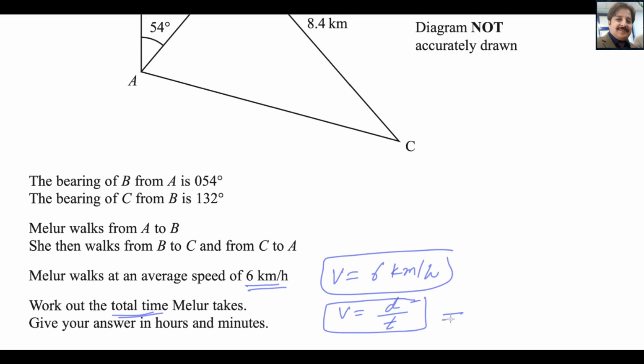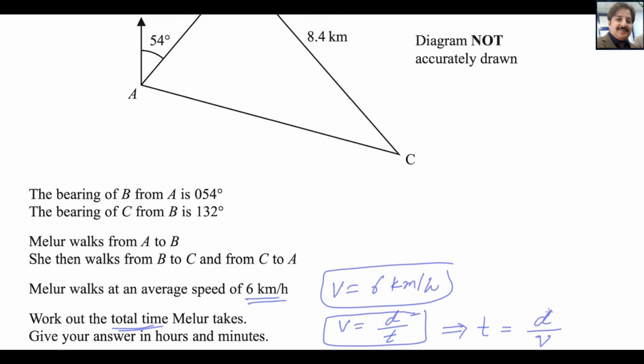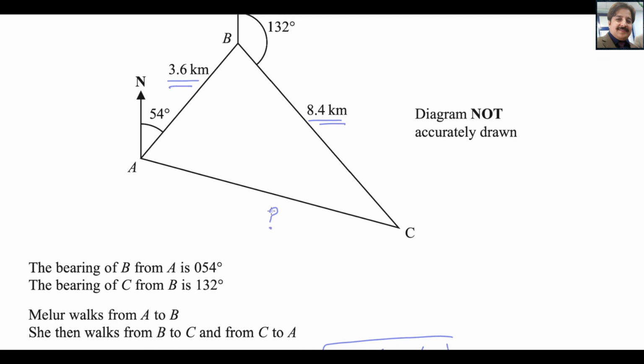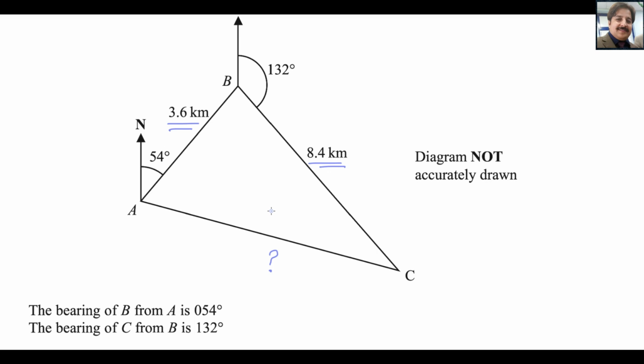Therefore, you can get the formula for T, which is equal to distance over V. It means you need to find the total distance. 3.6 kilometers is given, 8.4 kilometers is given, then she came back from C to A. This is not given. Two sides are given. By using the cosine law we can find the third side, but for that you must know angle B.